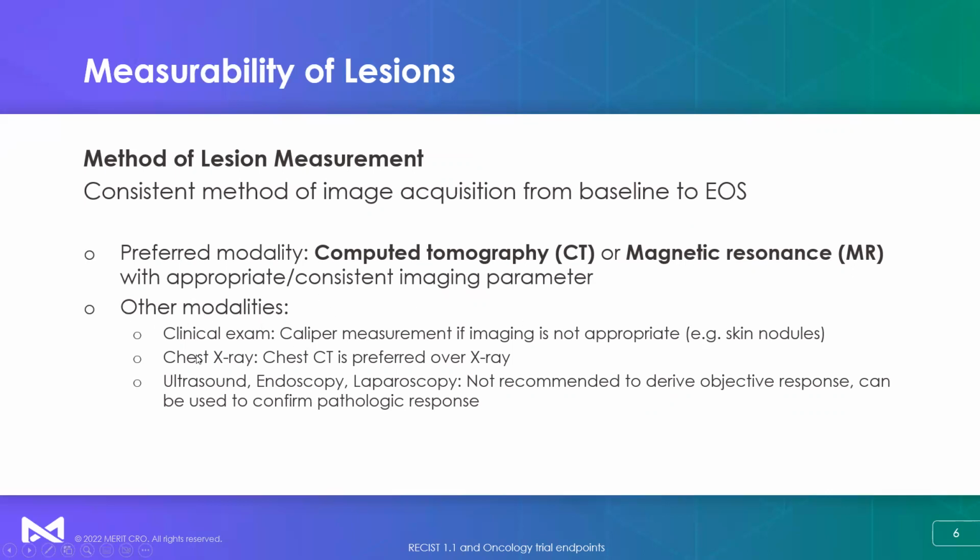Other modalities like clinical exams, chest x-ray, ultrasound, endoscopy, and laparoscopies are not recommended, and are only to be used as an auxiliary to provide additional information to the reader, but are truly not supposed to be used to derive any response criteria recommended by RECIST 1.1.